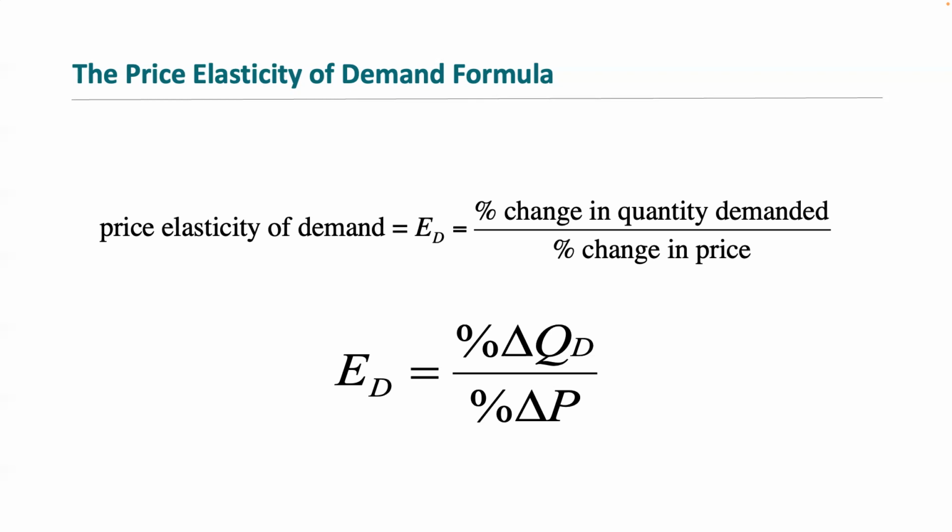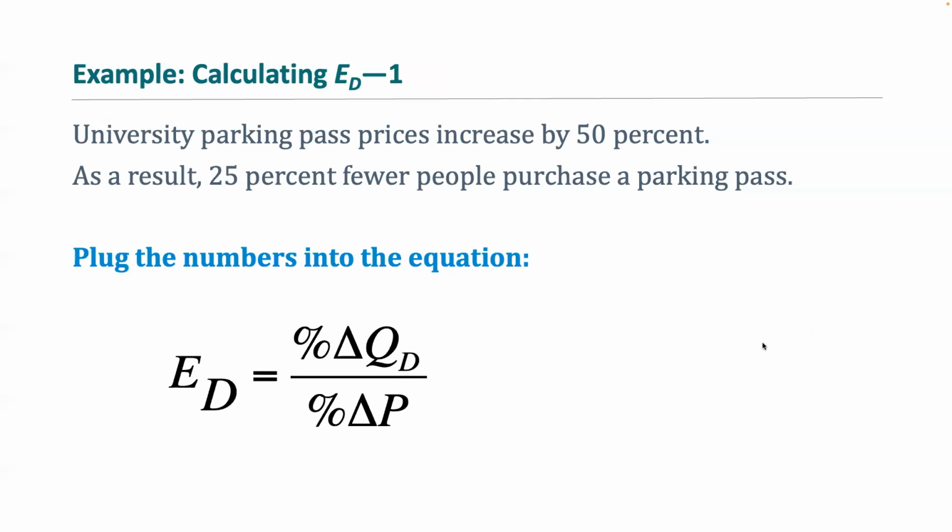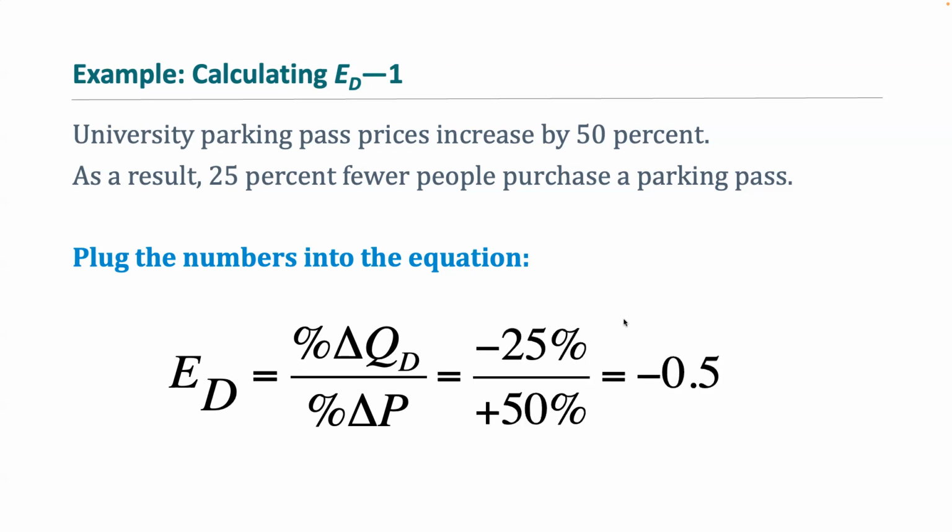Now, the first thing that we want to take a look at is actually calculating using this formula. So in this particular case, a university parking pass price increases by 50%, and as a result, 25% fewer people will purchase a parking pass. Let's go ahead and plug some numbers into this equation.